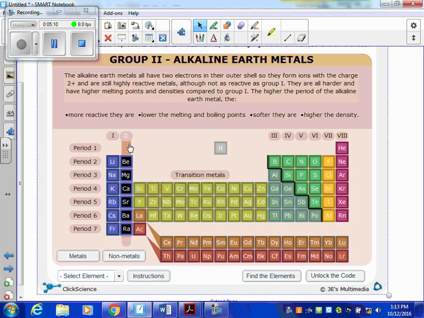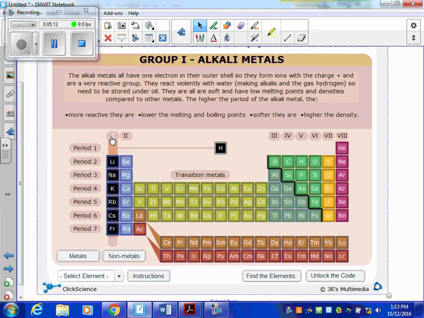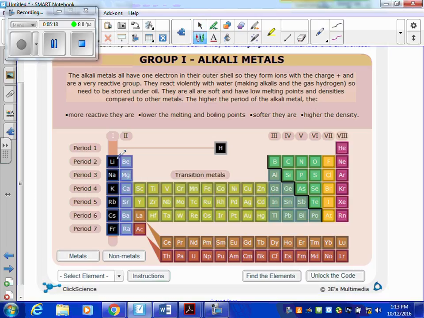One little tidbit, the alkali metals are known as the salt formers. They love to bond with the halogens. Just to give you a couple examples, sodium, Na, loves to bond with chlorine, and that gives us NaCl. That's table salt. Or sodium bromide, another kind of salt.